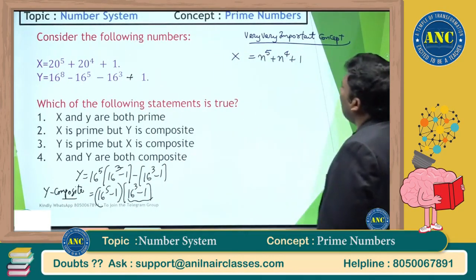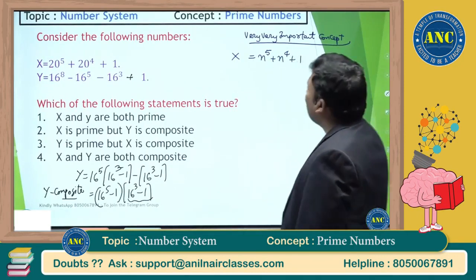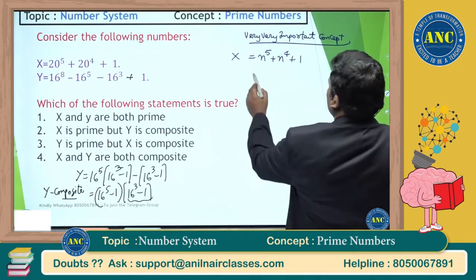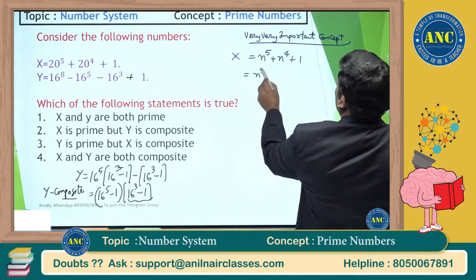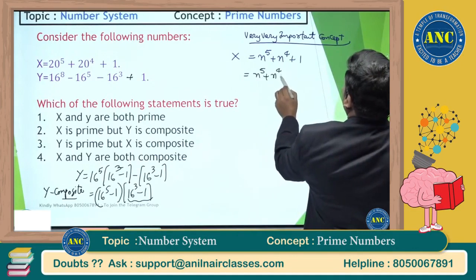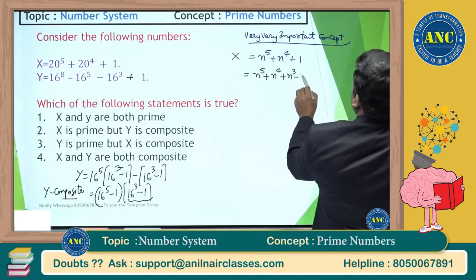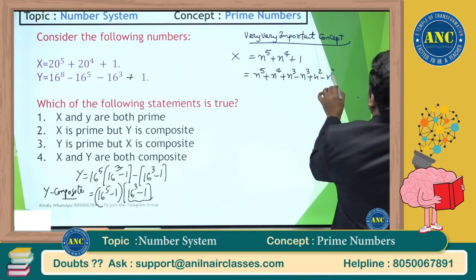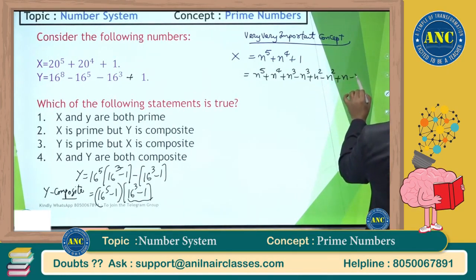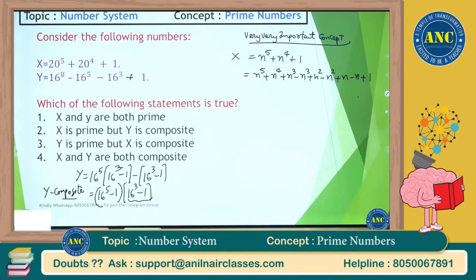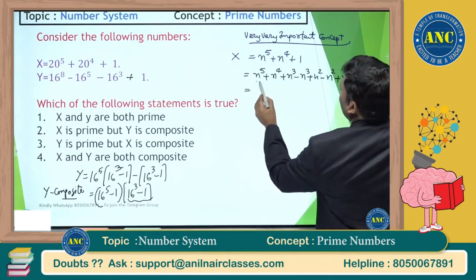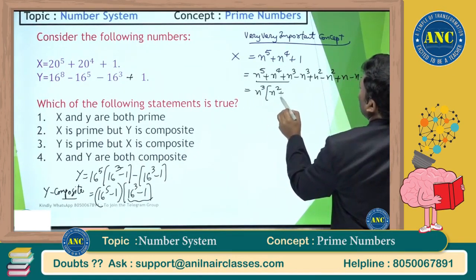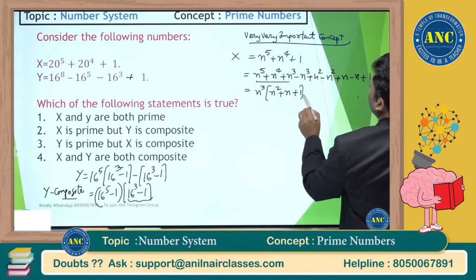Please make a note. We have to check whether n power 5 plus n power 4 plus 1 is composite or not. What we'll do is n power 5 plus n power 4, add n cube, subtract n cube. Add n square, subtract n square. Add n, subtract n, plus 1. Let me see if anything can be obtained from this. From the first three, if I take n cube common, n square plus n plus 1.